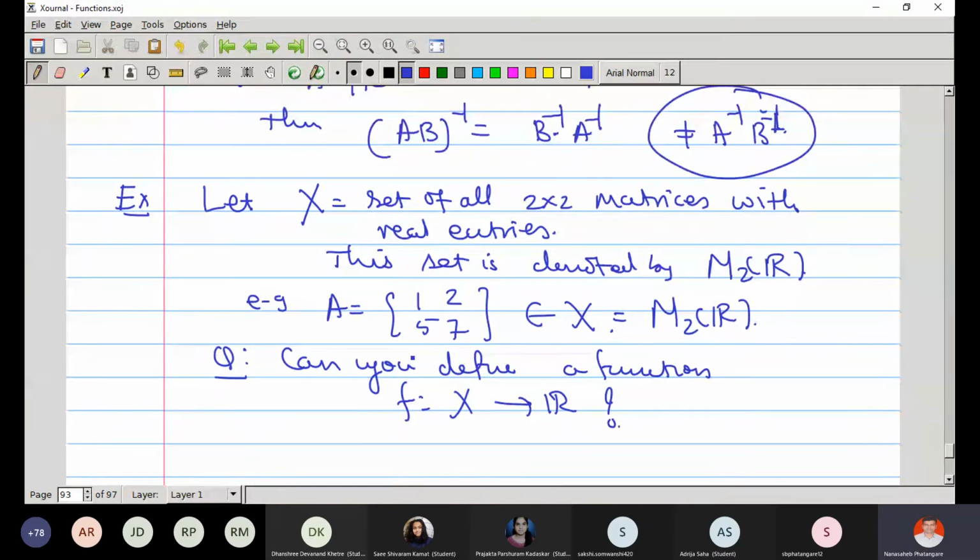Can you relate a matrix with a real number?